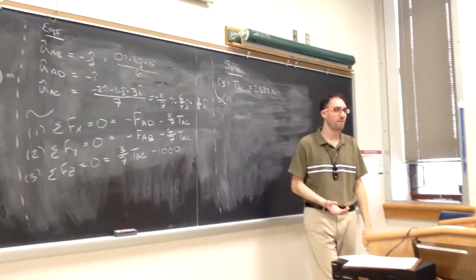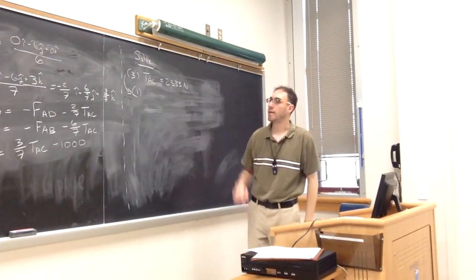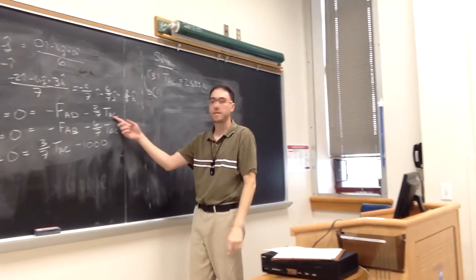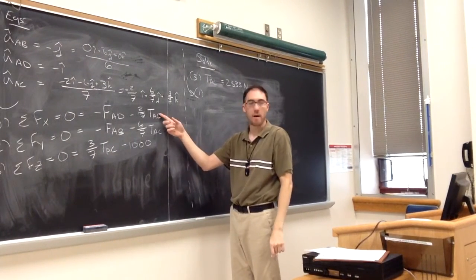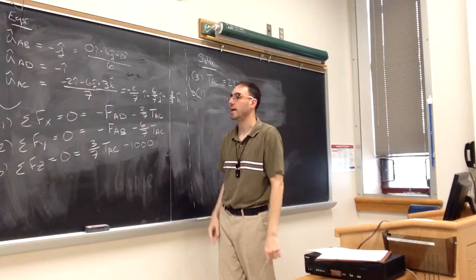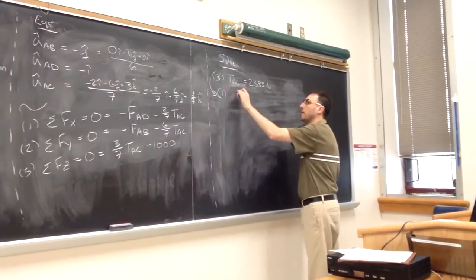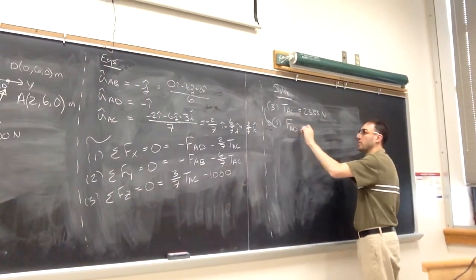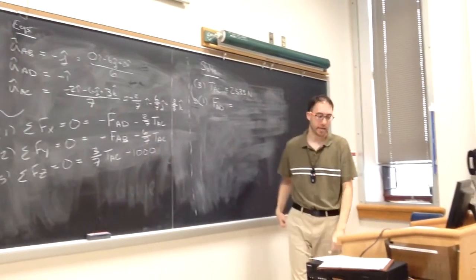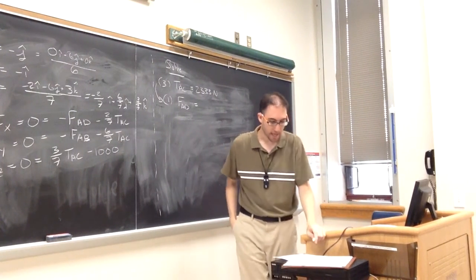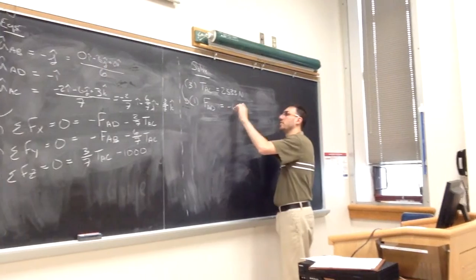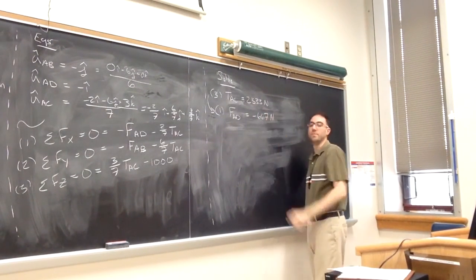Since I have a number for TAC, if now I look at equation 1, TAC I know its numerical value, so the only remaining unknown will be FAD. So I can put that answer into equation 1 and solve for FAD. I get a -667 newtons.